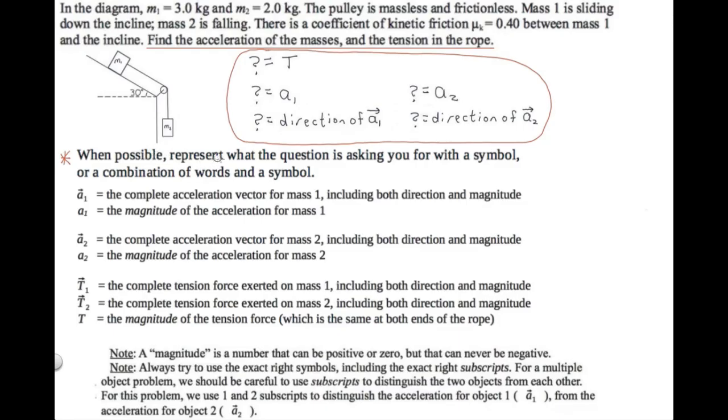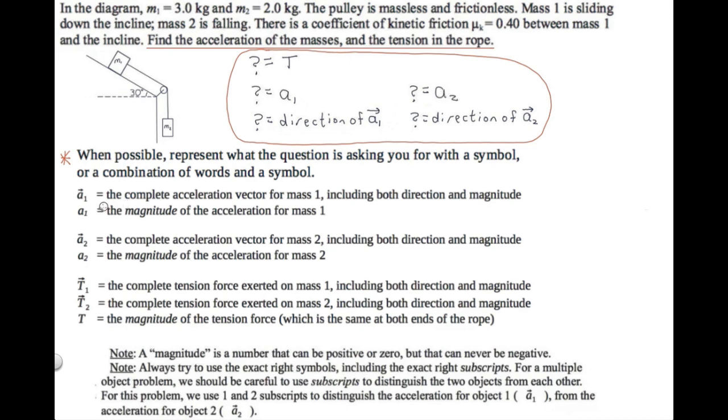When possible, represent what the question is asking you for with a symbol, or a combination of words and a symbol. This problem asks for the acceleration of the masses. I will interpret this part of the question as asking for the magnitude and direction of the acceleration for each mass. We can represent the magnitude of the acceleration with the symbol A, written without an arrow on top.